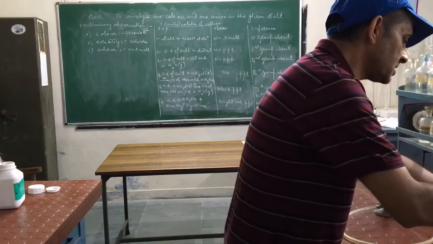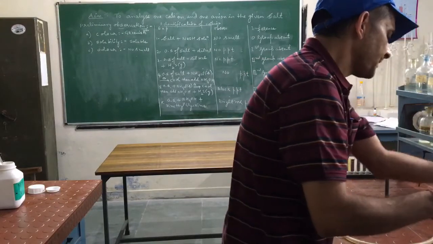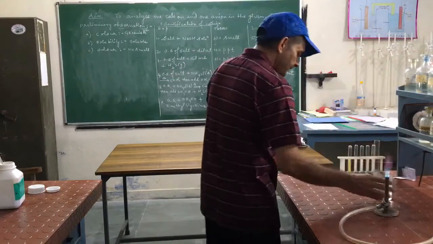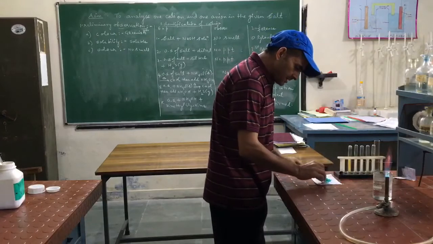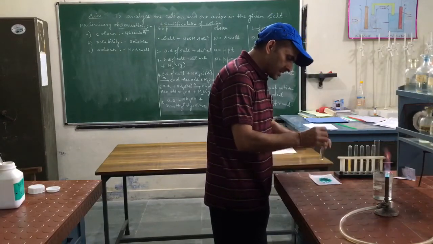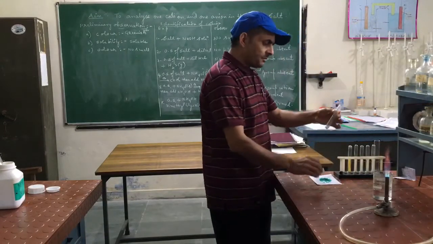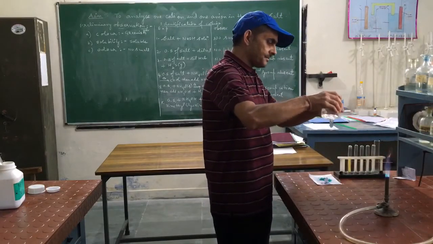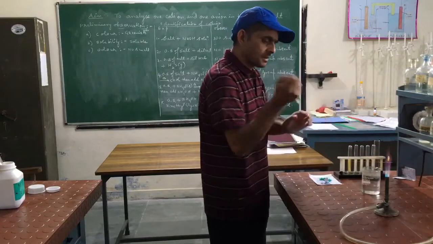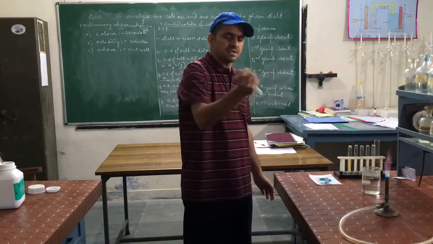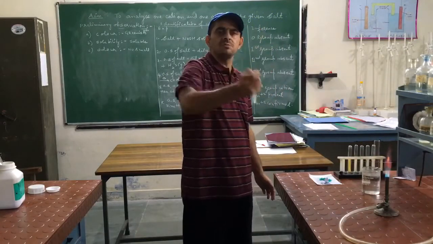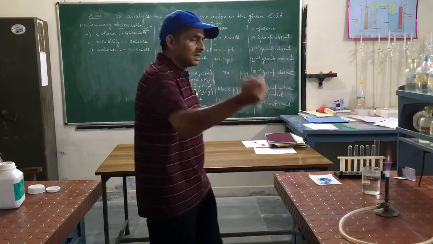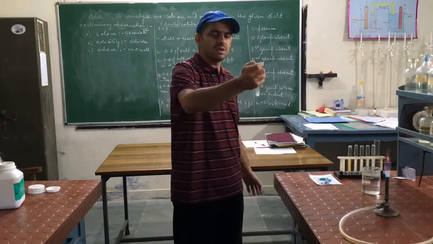Now let us make the original solution of this salt. Taking the salt, making its original solution. Shaking it, the salt is soluble in water. I have written over there, it is soluble, it is having no smell.